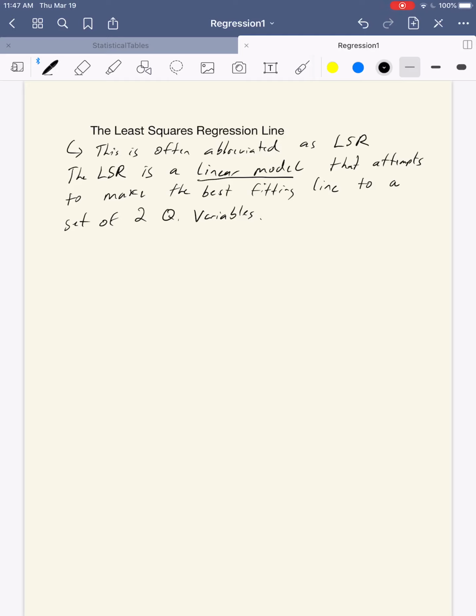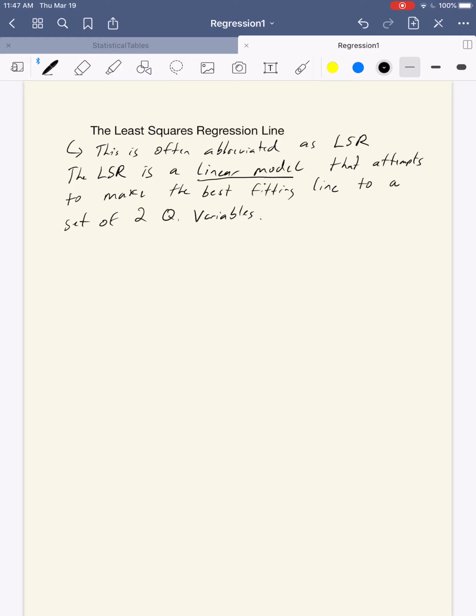Okay, so the LSR is a linear model, meaning that it is a line. Linear and line just go hand in hand here. So the LSR is a linear model that attempts to make the best fitting line to a set of two quantitative variables.